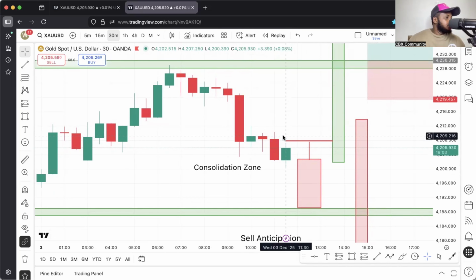We need to be patient. Let's see what the market wants to do. Right now, we don't need to do anything. We need to be patient.